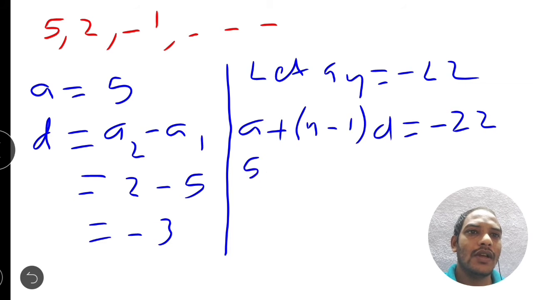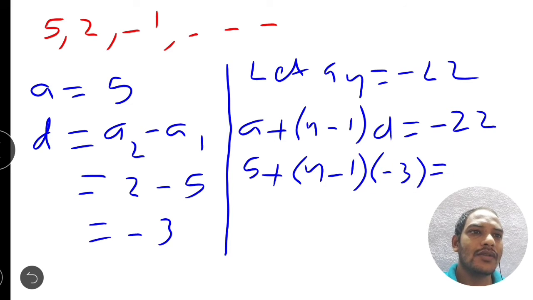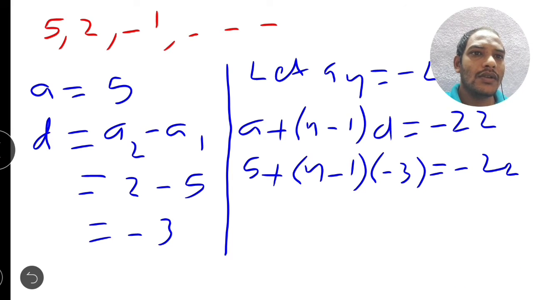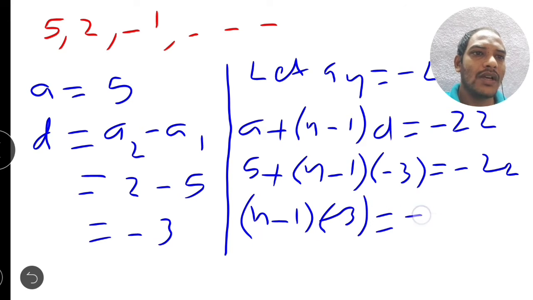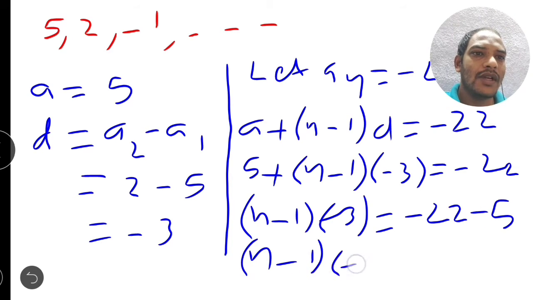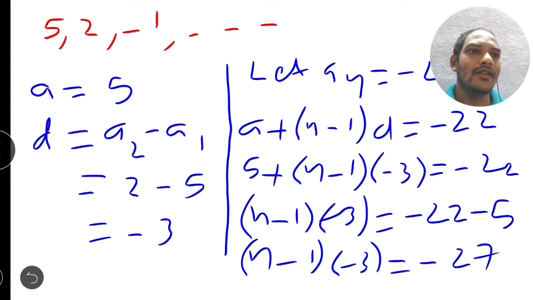So A value 5 plus N minus 1 into D value minus 3 equals minus 22. So N minus 1 into minus 3 equals minus 22 minus 5. So N minus 1 into minus 3 equals minus 27.